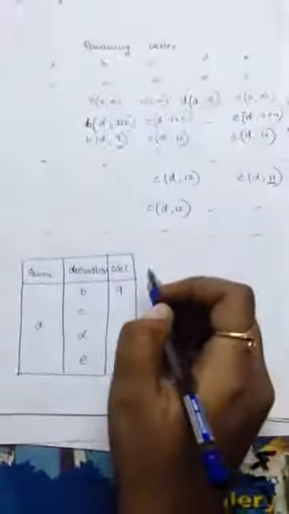From A to C, C is accessed at a rate of 12. From A to D, it is accessed at a rate of 7. From A to E, it is accessed at a rate of 11. This is how Dijkstra's algorithm can be resolved.